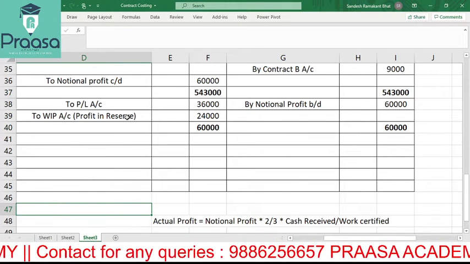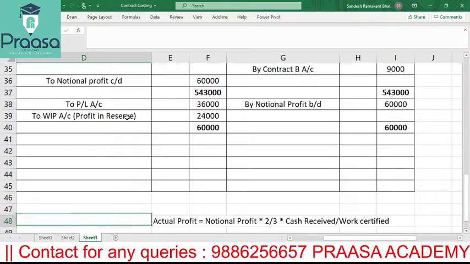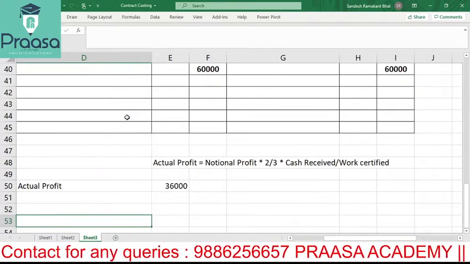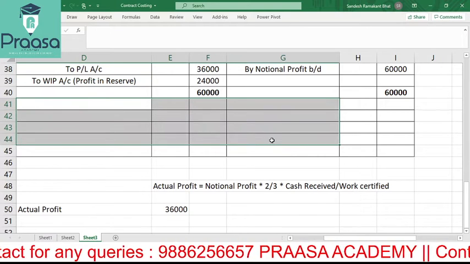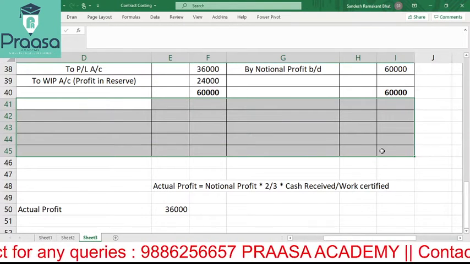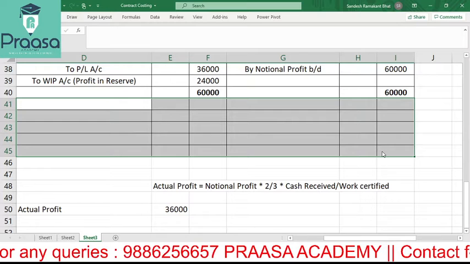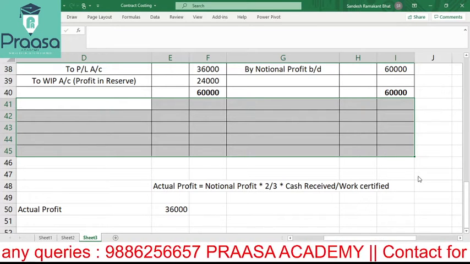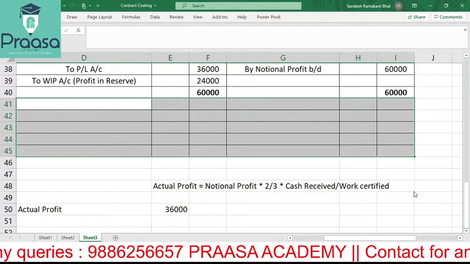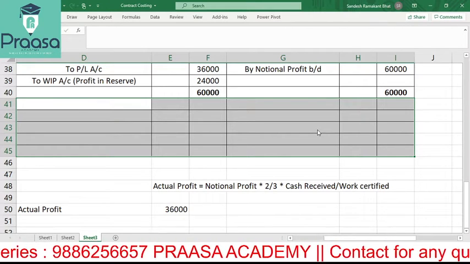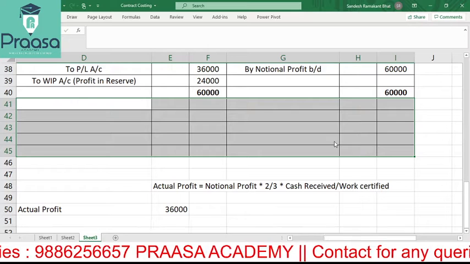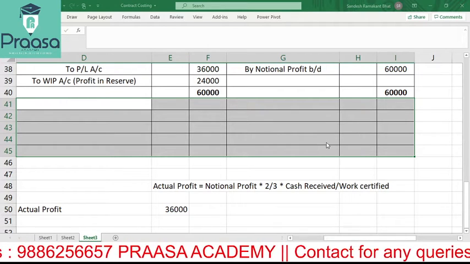So this is one more calculation. This calculation is over, and same thing we have to do now for contract B. Let me delete this.